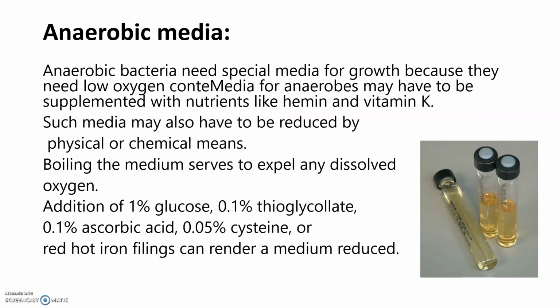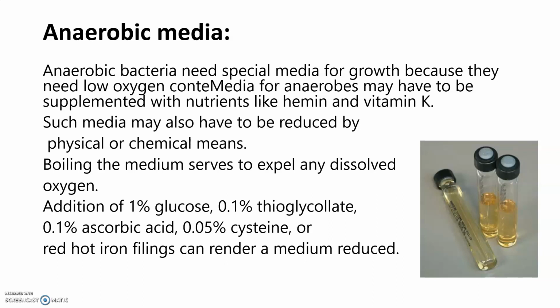Next is about anaerobic media. Anaerobes need special media for growth because they need low oxygen content, and this media for anaerobes may have to be supplemented with nutrients like hemin and vitamin K. Such media may also have to be reduced by physical or chemical means. As a result of this reducing, this may help in the growth of anaerobes.